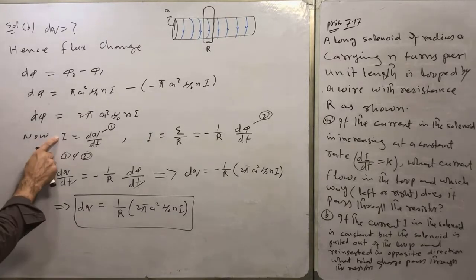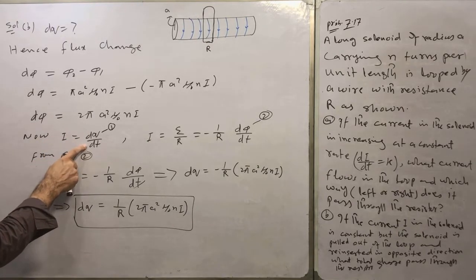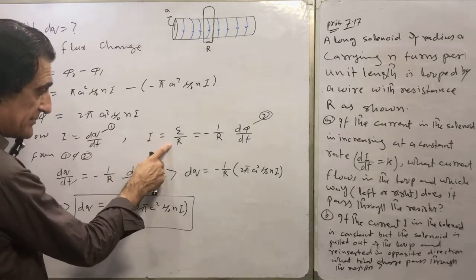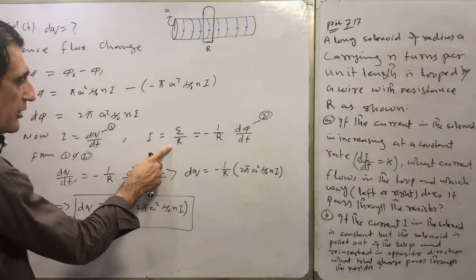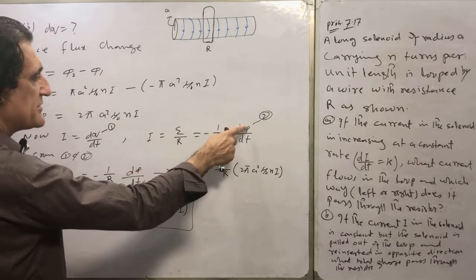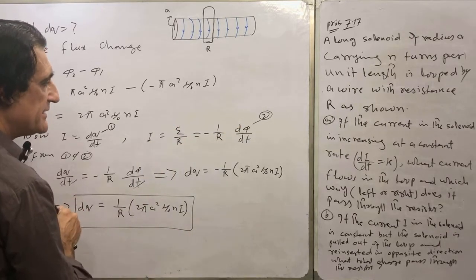We also know that I is equal to dq divided by dt, and I is equal to E divided by R. This is Ohm's law. And we also know E is equal to minus d phi divided by dt.